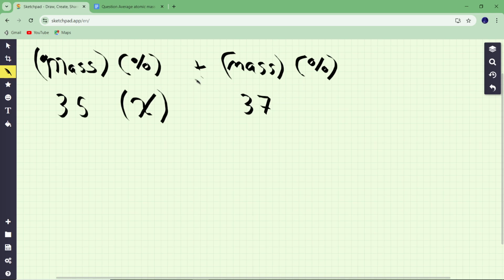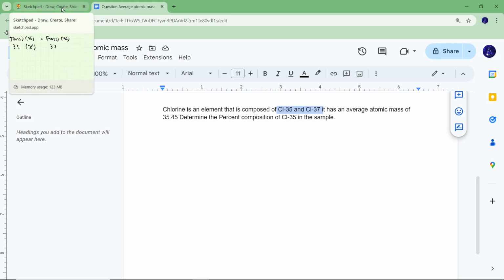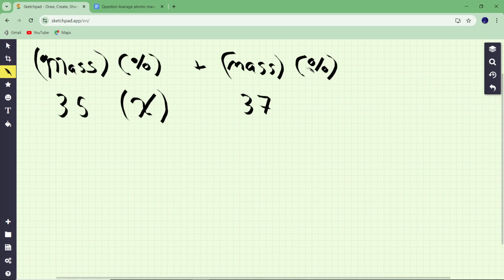However, since we know that the total of both of these samples is 100% of our sample, and we know that because it says that it's only composed of these two isotopes, we can go ahead and say, hey, this one plus this one has to equal 100%.